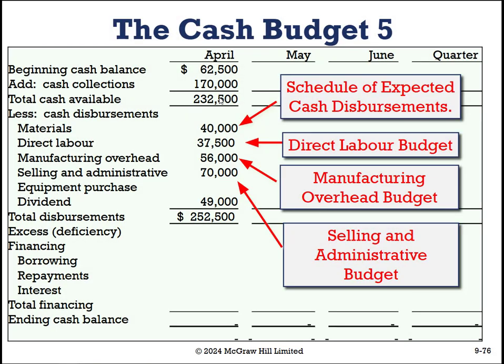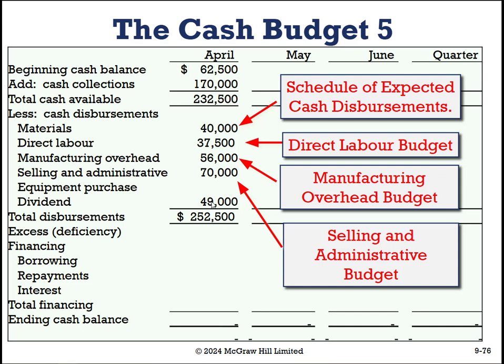In April, we had $40,000 from direct materials, $37,500 from DL, MOH of $56,000, SG&A of $70,000, and then recall from the preceding slide, $49,000 for a cash dividend. We had inflows of 232,500 and outflows of 252,500.